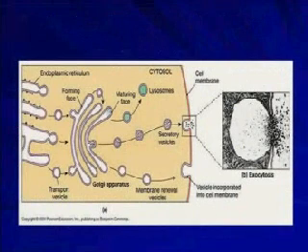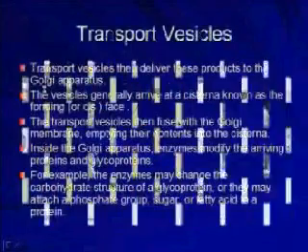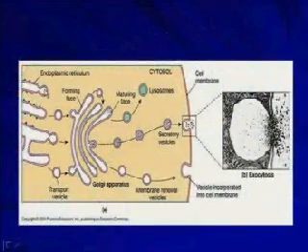Now, if you look at the illustration in your textbook on the Golgi apparatus, there are two phases you should be familiar with, a forming phase and a maturing phase. The forming phase, as you can see, receives vesicles from the endoplasmic reticulum.